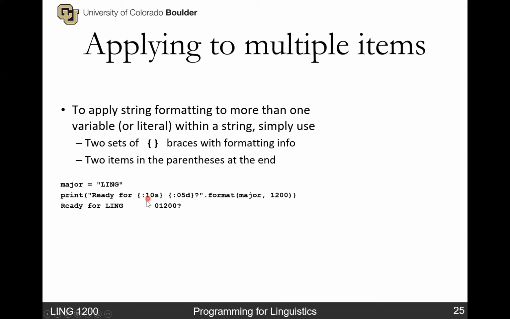So we can see that the string has padded up to those 10 characters with white space to the right, and the integer has padded those 5 characters with a leading 0. And these two things, so the brackets and the two items in the parentheses, will be matched up based on their order. So major here matched up with this one, and 1200 matched up with this one.